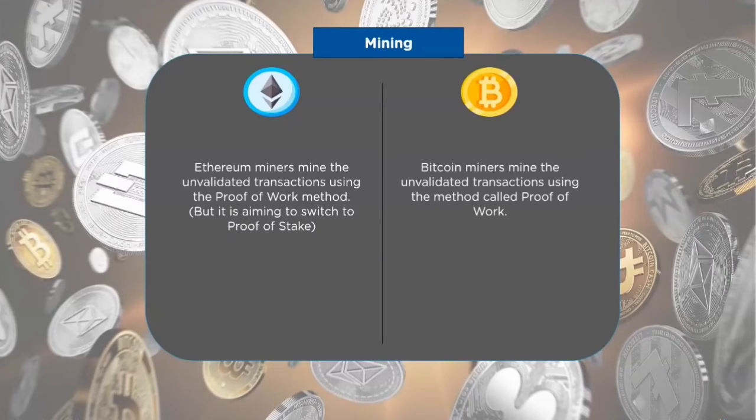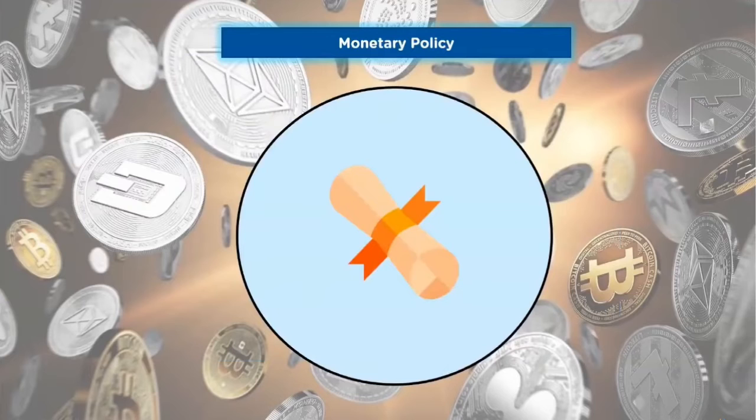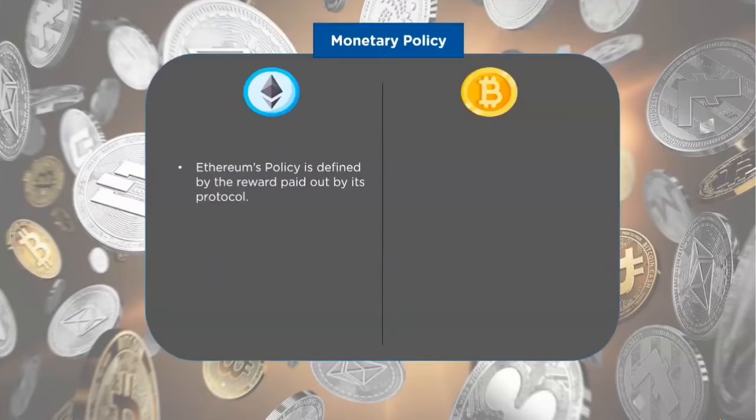Now let's proceed towards the monetary policy of both cryptocurrencies. But let's first understand what monetary policy is. Monetary policy is known as the process of drafting, announcing, and implementing the plan of actions taken by the competent monetary authority to control the money supply and achieve goals that promote sustainable economic growth. So, Ethereum's policy is defined by the reward paid out by its protocol.